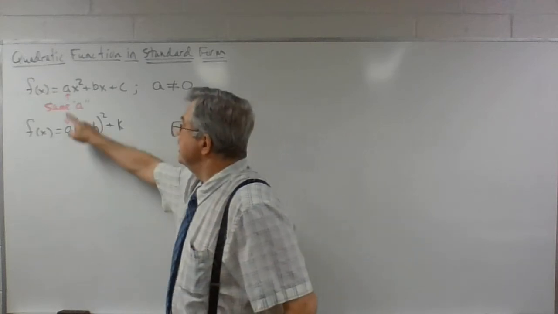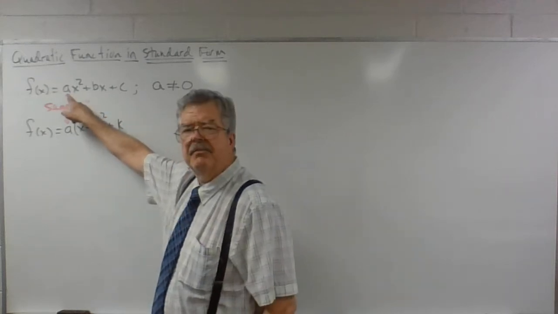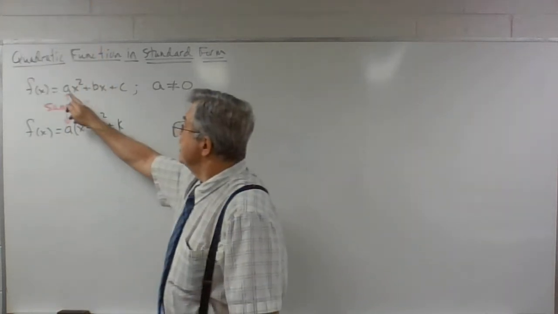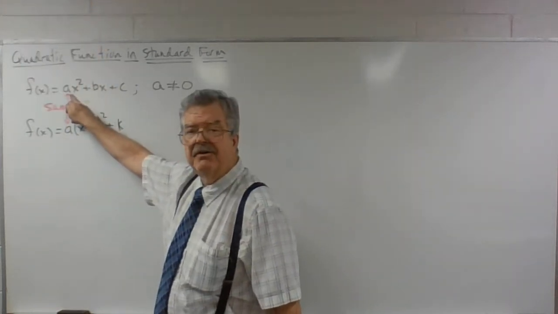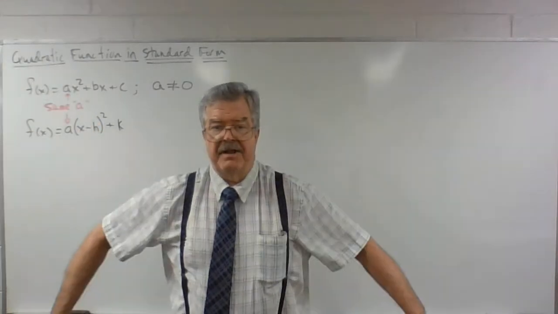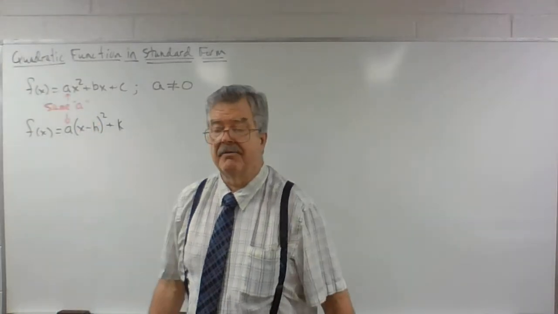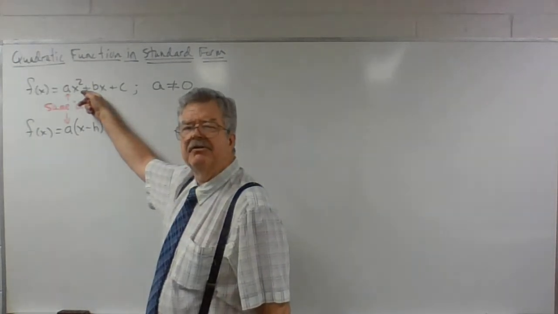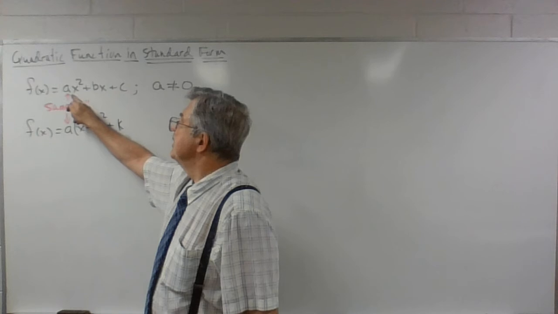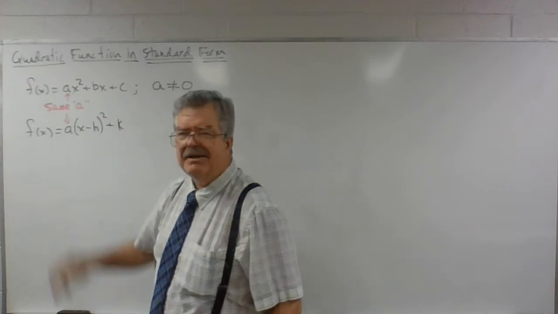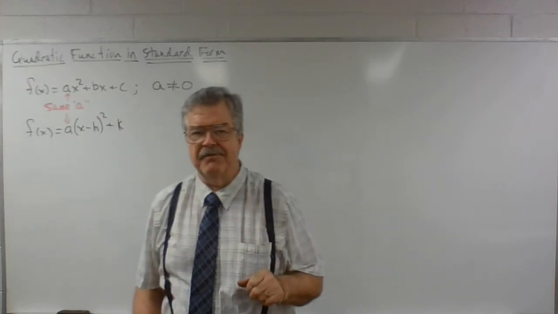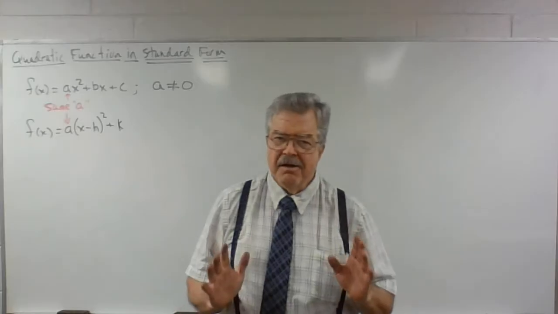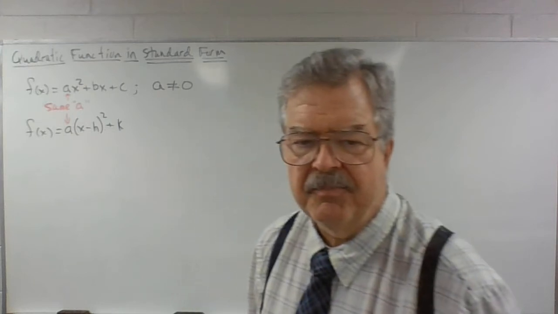So if A is greater than 0 here, the graph is concave up, it opens upward. If A is less than 0, the graph opens downward like this, it's concave down. So if we have the quadratic function defined in standard form, we do know a little something. We know whether the graph of the function opens up or whether it opens down. Other than that, we don't know much.